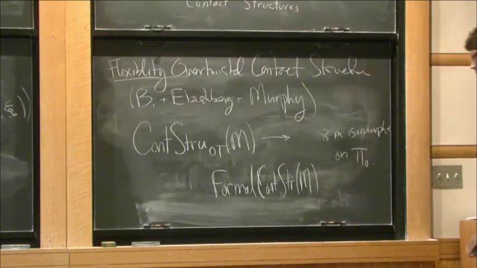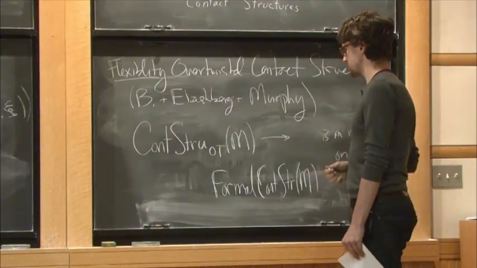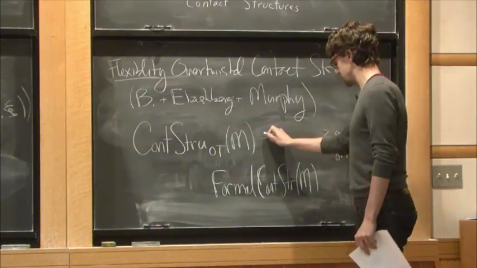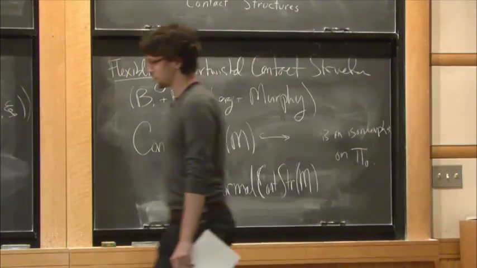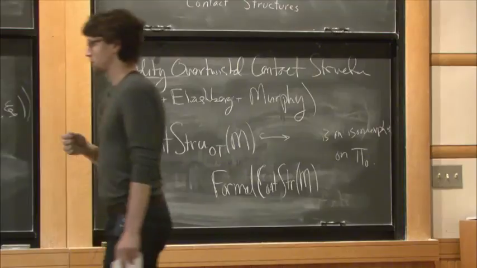So as long as we define a special class of contact structures called overtwisted contact structures, we can prove that this inclusion gives you an isomorphism on pi 0.